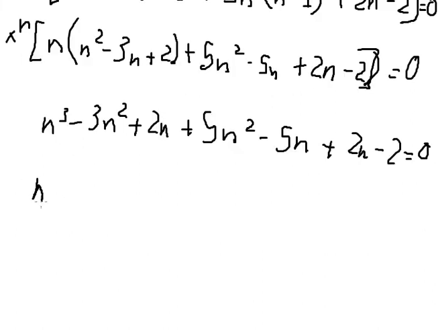So we have n to the power of 3. This one we have n squared, negative 3n squared, 5n squared, you got positive 2n squared, 2n, negative 5n, 2n in here. We have negative n. So we put negative 2 in here.